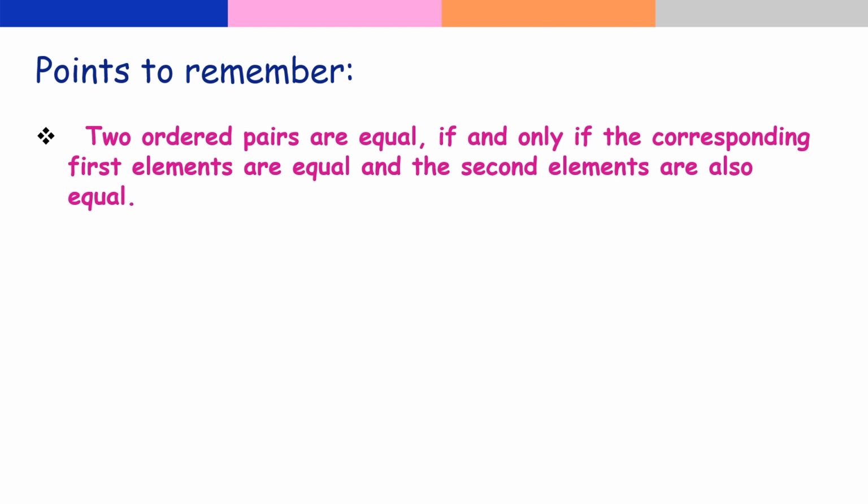So two ordered pairs are equal if and only if the corresponding first elements are equal and the corresponding second elements are equal. That is the first point you need to remember.